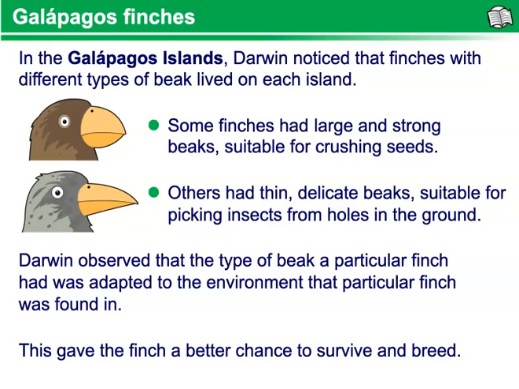Others had thin, delicate beaks, suitable for picking insects from holes in the ground. He observed that the type of beak a particular finch had was adapted to the environment that particular finch was found in. This gave the finch a better chance to survive and breed.